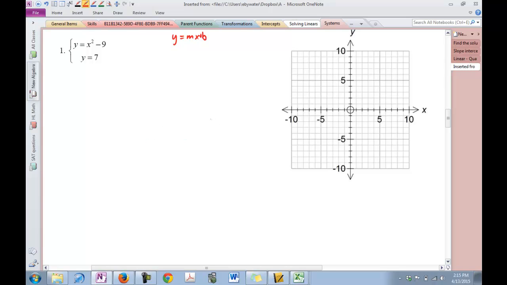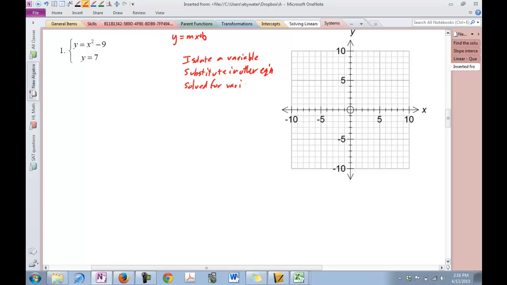With substitution, you remember that you had to rearrange it to isolate a variable. It didn't matter whether it was x or y, but you isolated a variable, and then you substituted in the other equation. Right? Now this is what you did. Once you substituted, you solved for the variable.